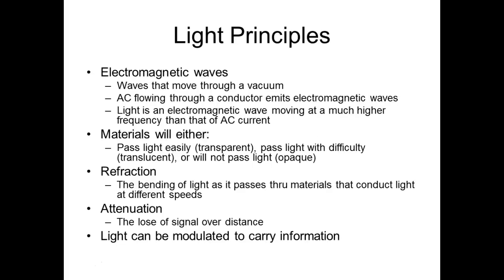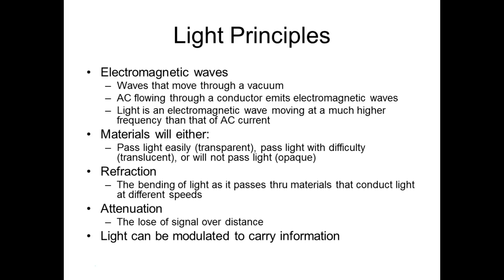Light principle. These are electromagnetic waves that move through a vacuum. AC flowing through a conductor emits electromagnetic waves. A lot of people don't know that. Light is an electromagnetic wave moving at a much higher frequency than an AC current. So if we could see a wave of light, it would look just like a sine wave, but it is moving at an extremely high frequency, right?